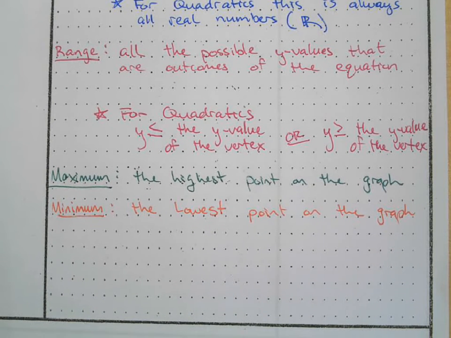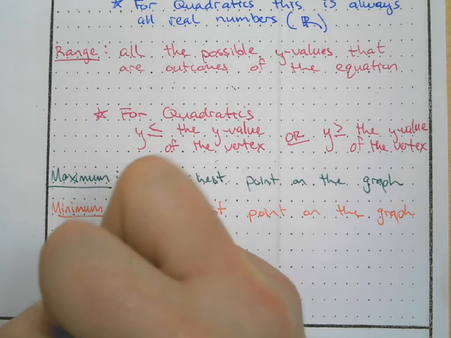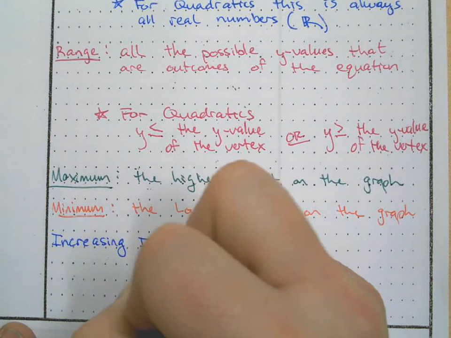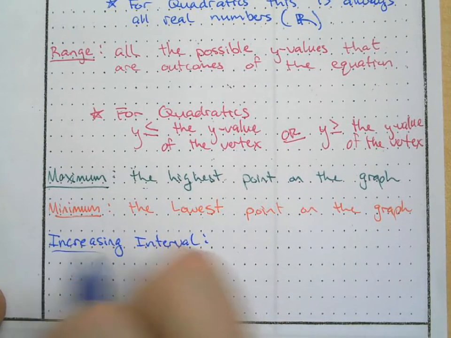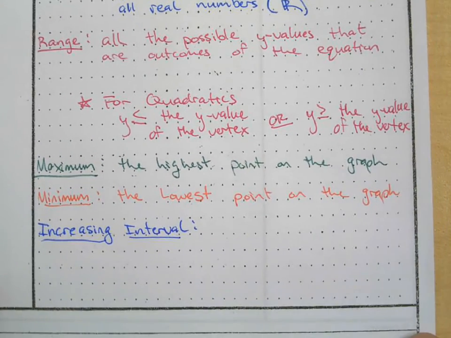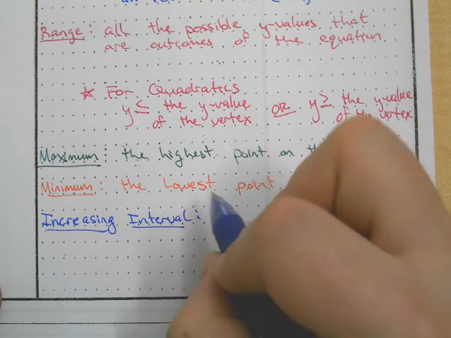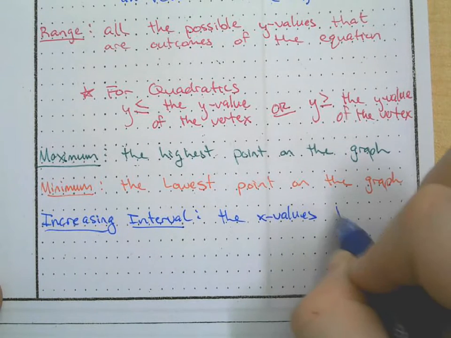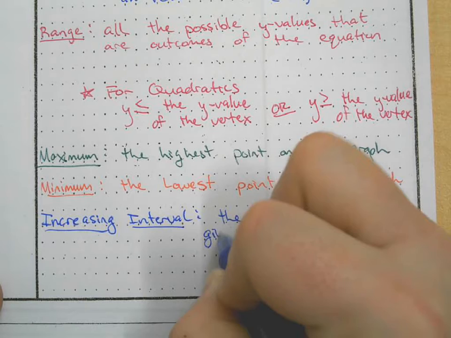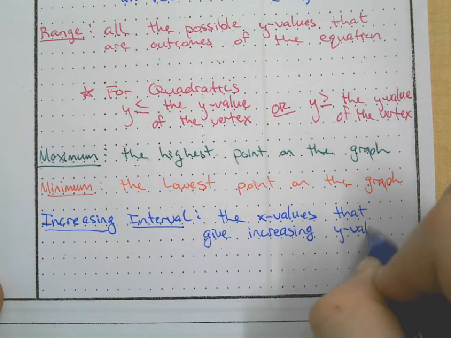Next we have our intervals. So I have an increasing interval. The increasing interval is the x values that give me increasing y values.